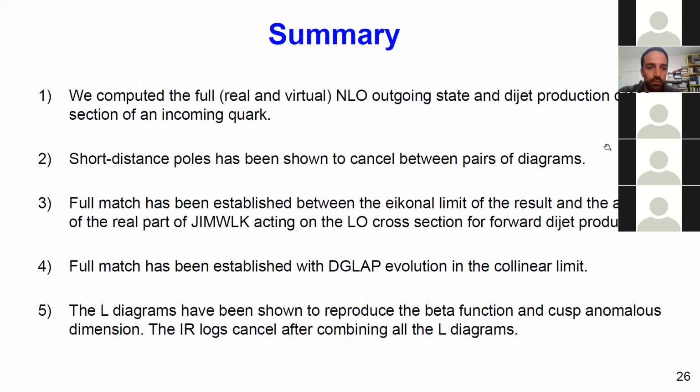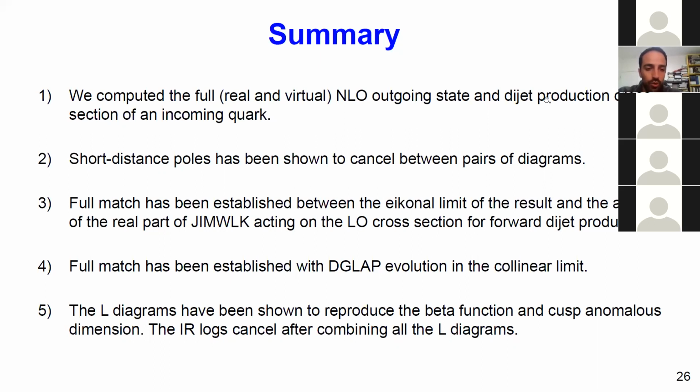We managed to show that there is always a pair of diagrams combined together in such a way that when one of the diagrams diverges in this region, there will be another diagram which is canceling this divergence.